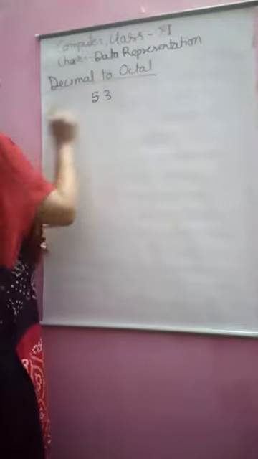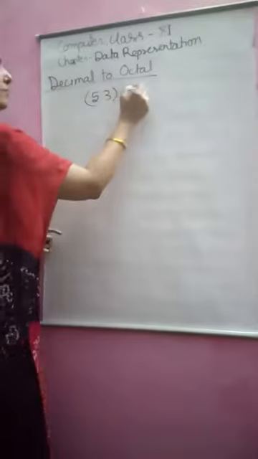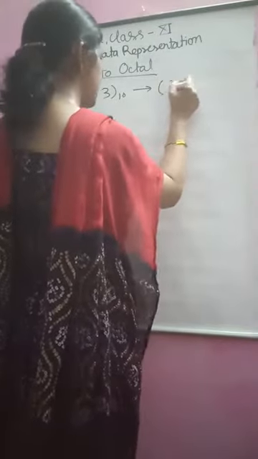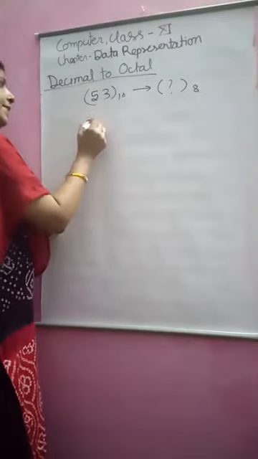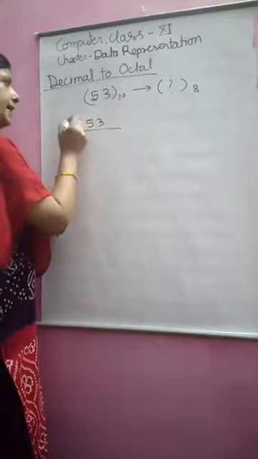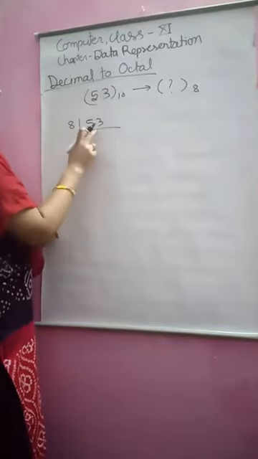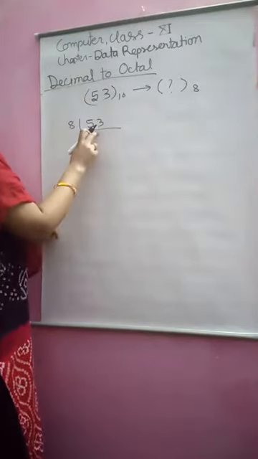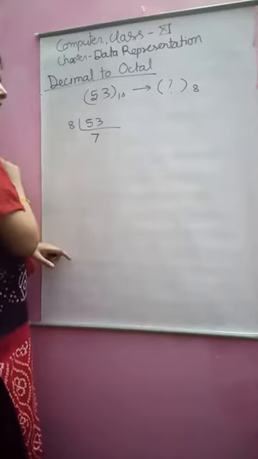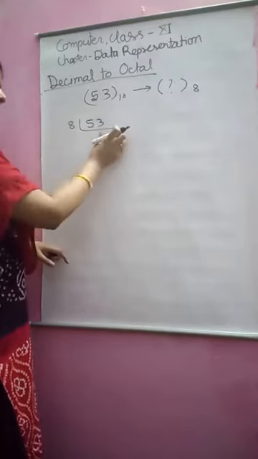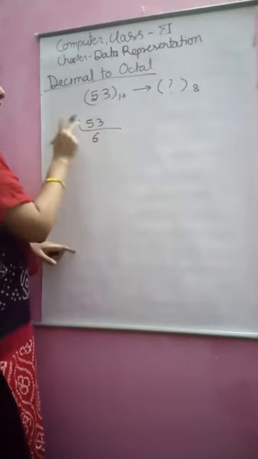So, take a decimal number, say 53. Then what will it be in octal? Calculate. First, take 53 and divide by 8. It will go 6 times, 48.